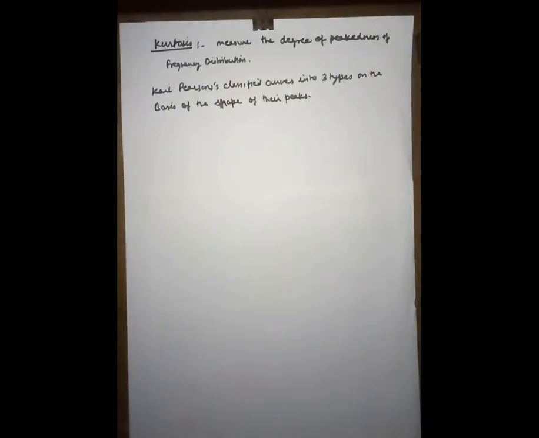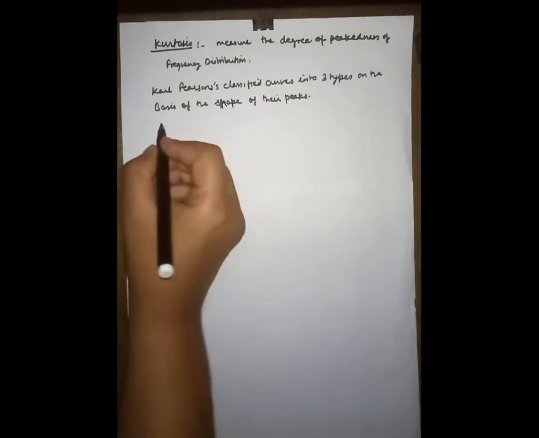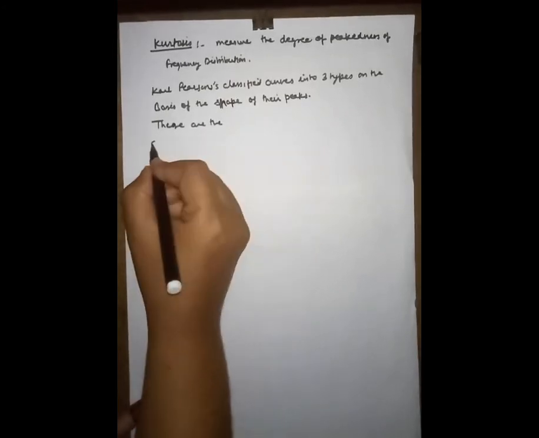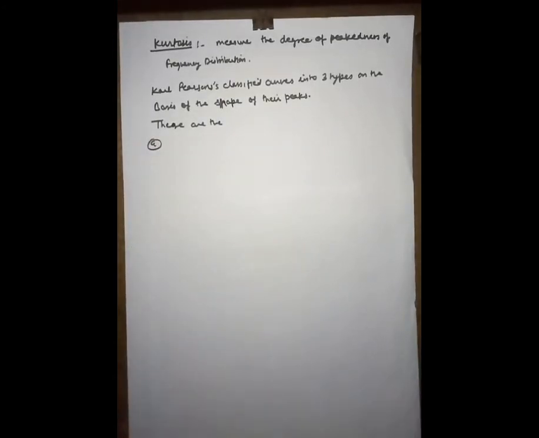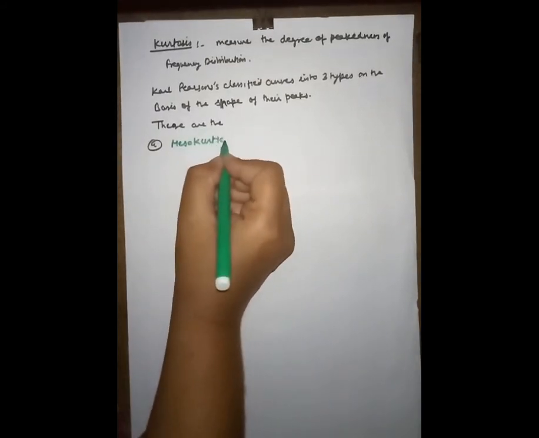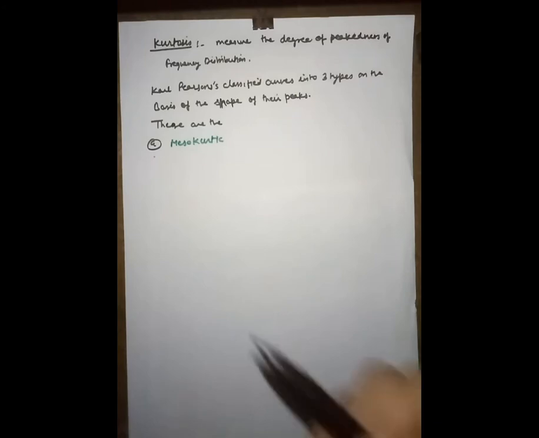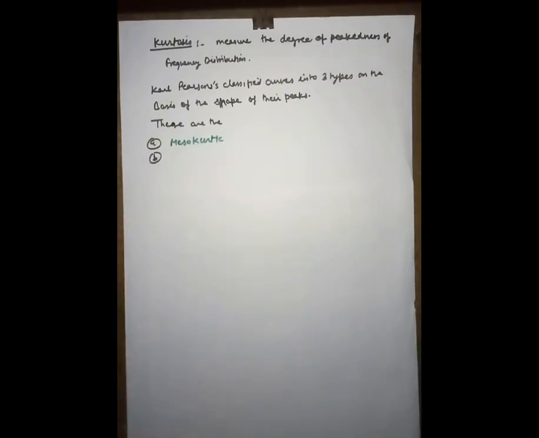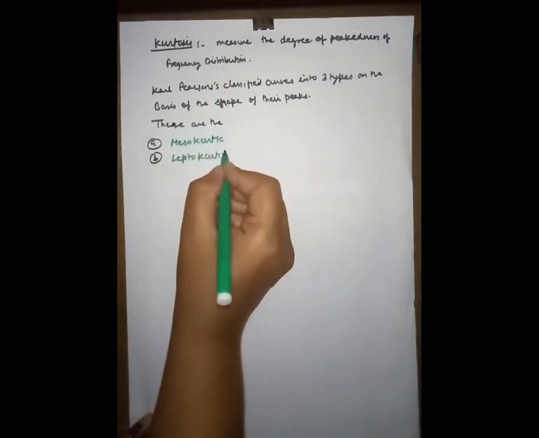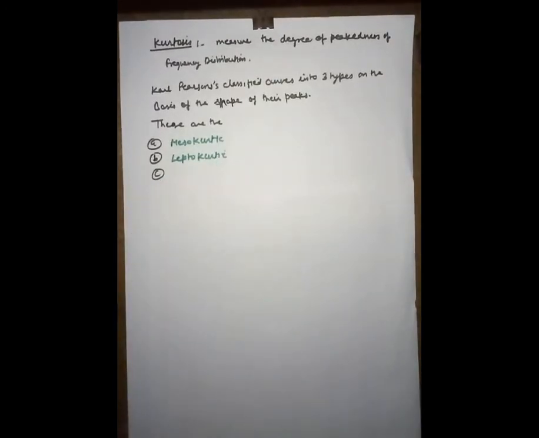So these are the 3 types: mesokurtic, the second one is leptokurtic, and the third one is platykurtic.